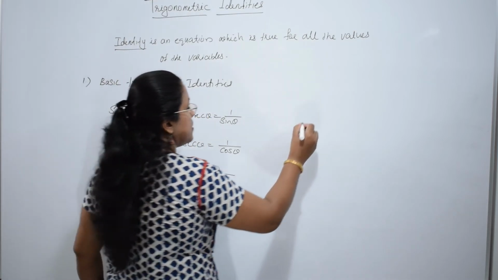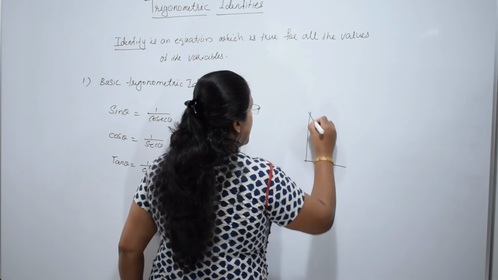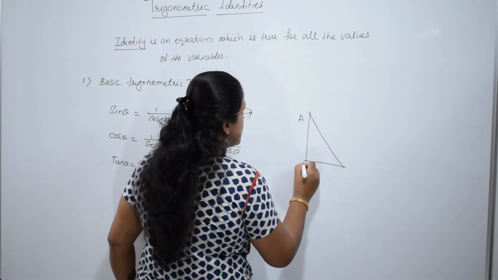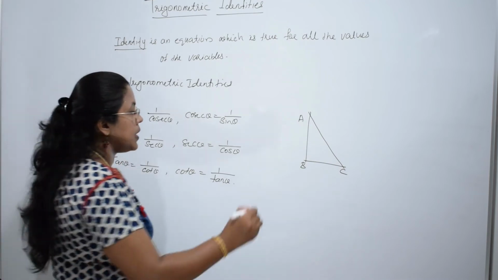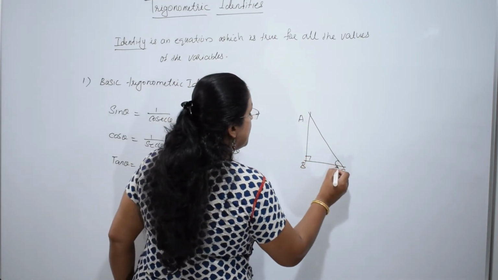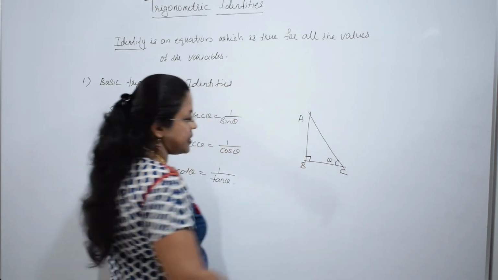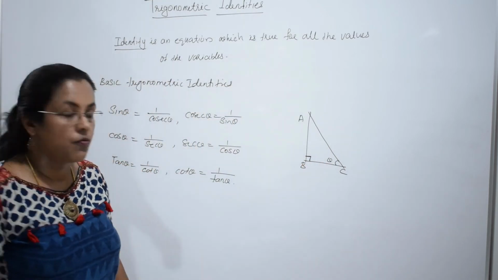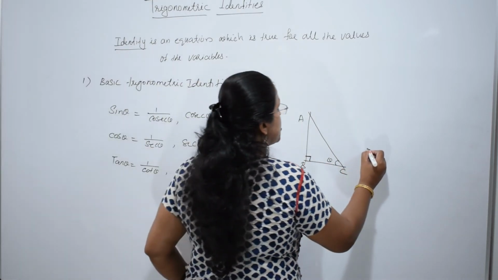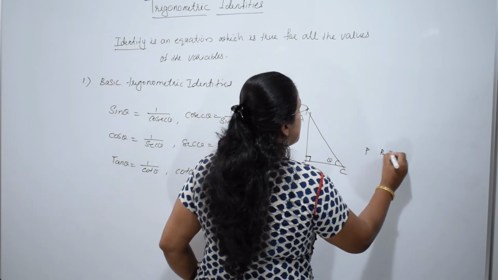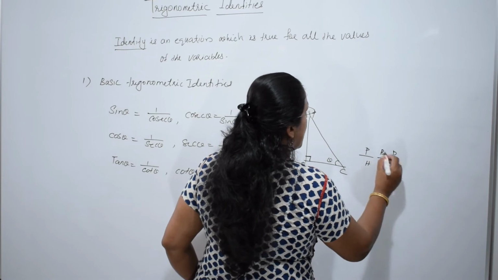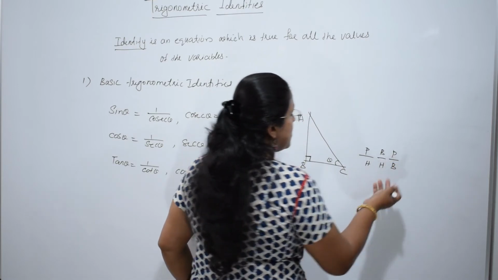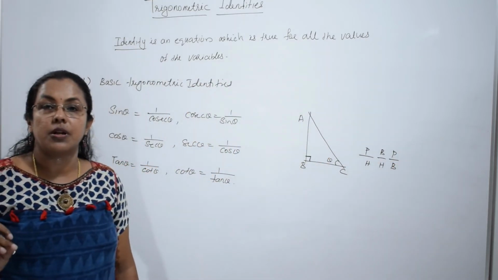Now consider the right triangle ABC, which is right angled at B. I am naming angle C as theta. Once again, trigonometric ratios: Pandit Badri Prasad Har Har Bole. Sin, cos, tan. The rest are reciprocal ratios.